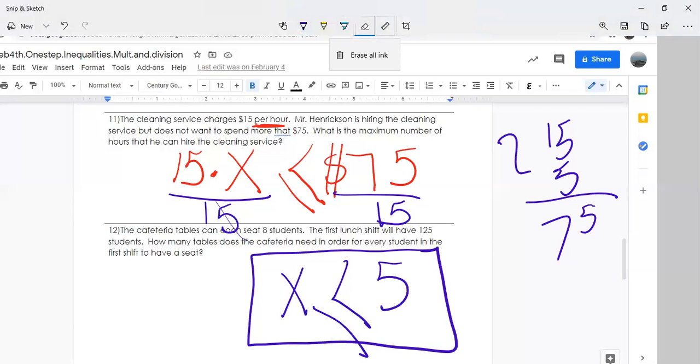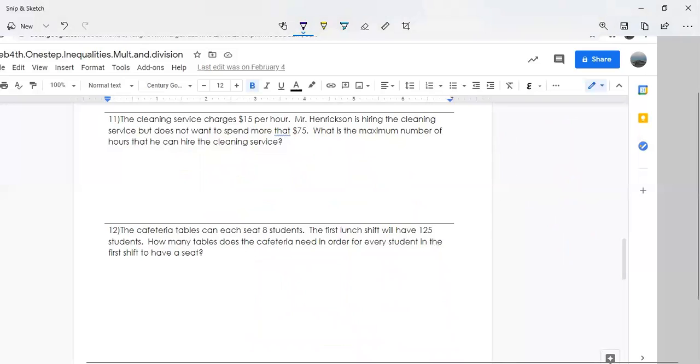Let's look at the last one, which is 12. The cafeteria tables can each seat 8 students. The first lunch shift will have 125 students. How many tables does the cafeteria need in order for every student in the first shift to have a seat? So do you want to know how many tables, right? So the tables, let's put x.